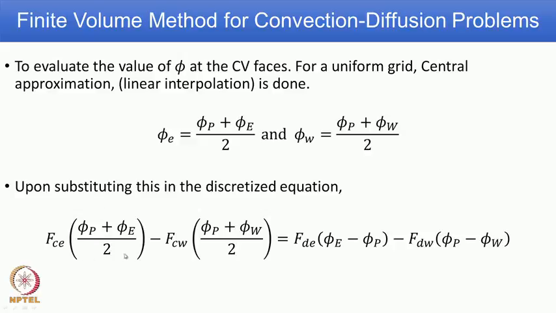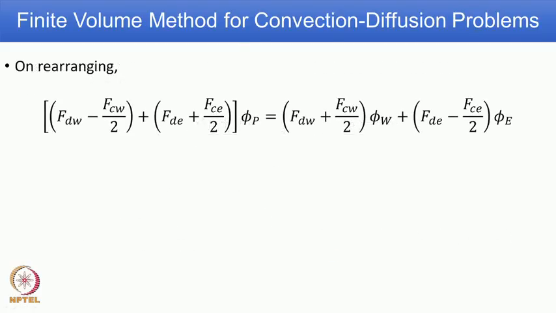So, phi is actually replaced correspondingly. This is for phi_e and this term is for phi_w, and on the right side we have already written the diffusion flux. We will have to do some more arithmetic, that is F_Dw minus F_Cw by 2 plus F_De plus F_Ce by 2, and all these are coefficients multiplying phi_P. In the previous equation we collect all coefficients multiplying the variable phi at P and we rearrange, then we get this form.